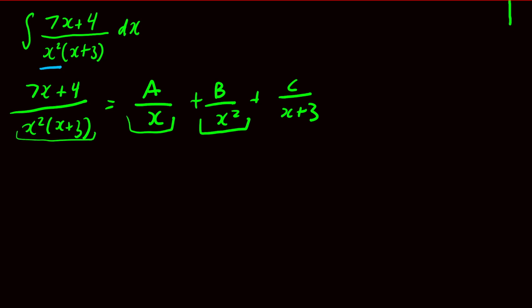Alright, so now we're going to multiply both sides by x squared times x plus 3. So obviously the left side is going to just become this. And now, just to give you guys another visual, x squared times x plus 3.